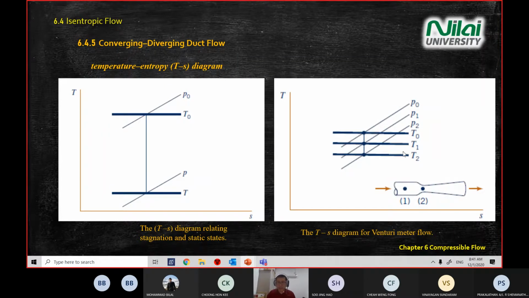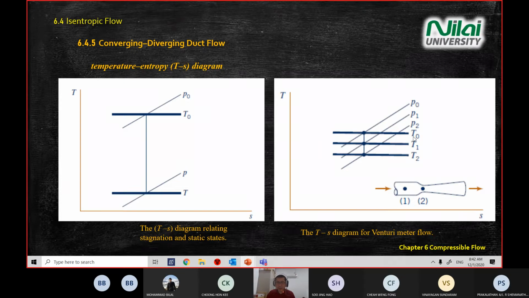So you will see the line here. Let's say we have a nozzle, point 1 and point 2. Point 2 is converging, which means that your area is decreasing. If you look back at the table that we went through last week, you look at the temperature, because we look at the T versus S graph, T is the temperature in Kelvin, S is entropy.